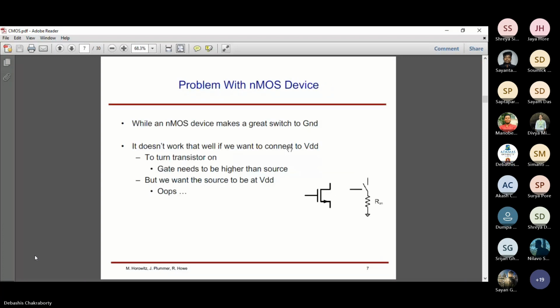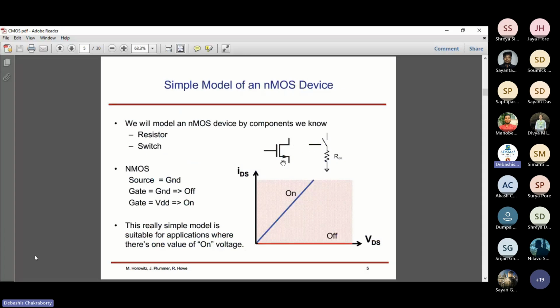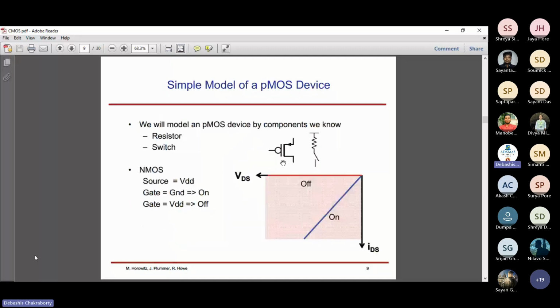Here the direction of the arrow is outward, isn't it? So this is how we identify: when the arrow is outward, that is an NMOS device, and when the arrow is incoming, the device is PMOS.